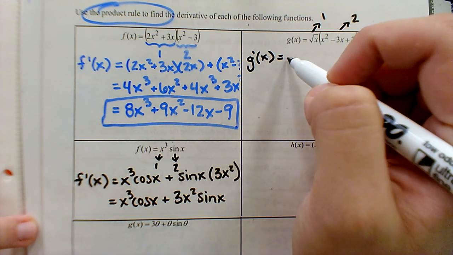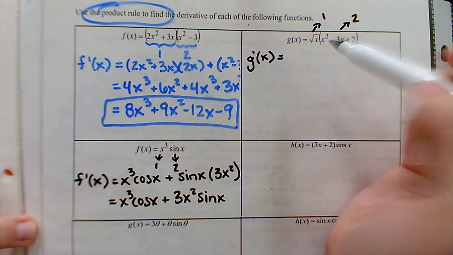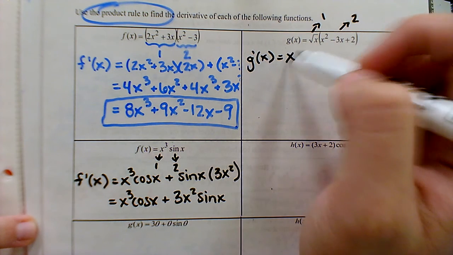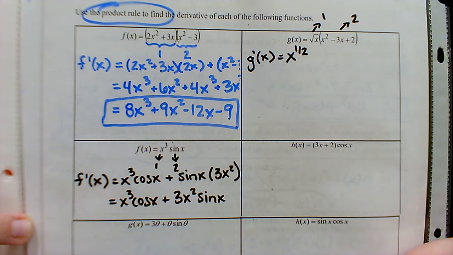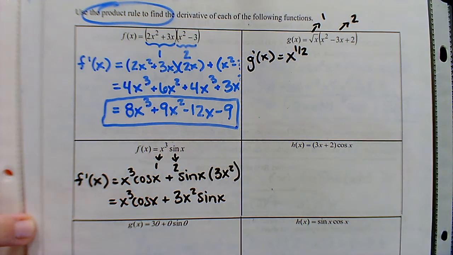All right, so 1, we're going to keep the square root of x. Maybe you want to rewrite that as x to the 1/2 power. We practiced that, right? Rewriting roots as fractional exponents.